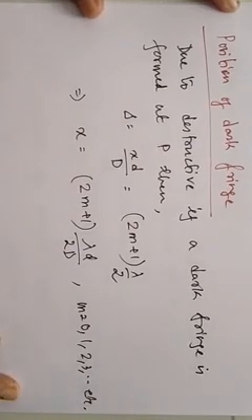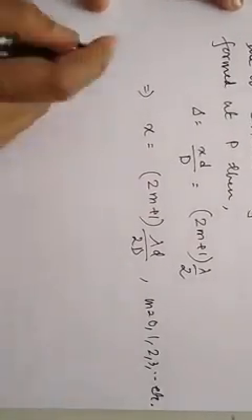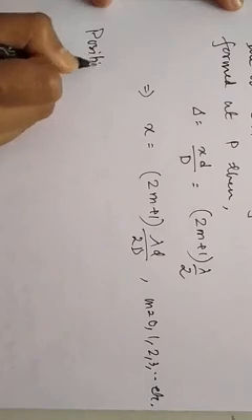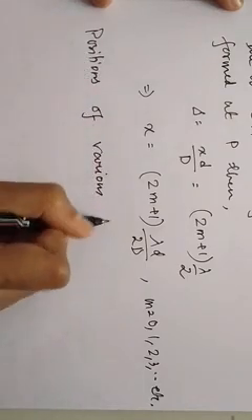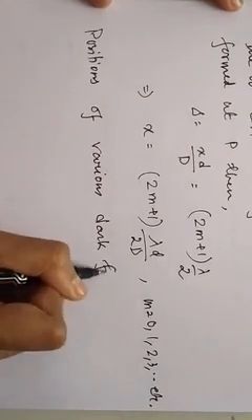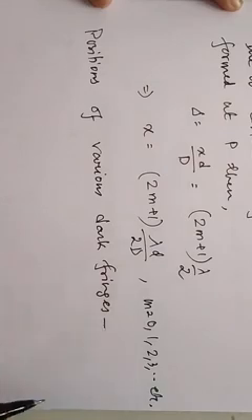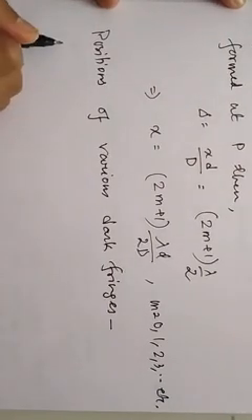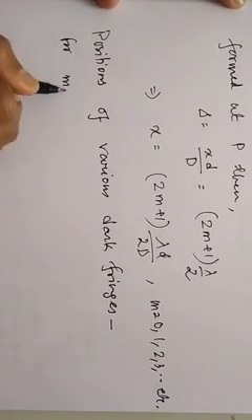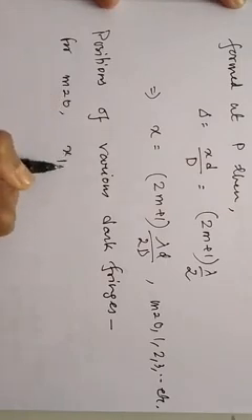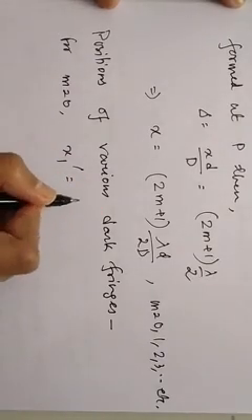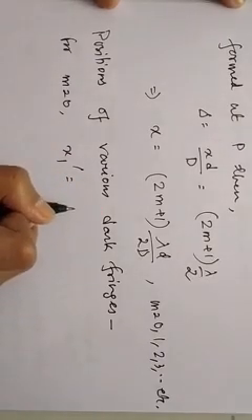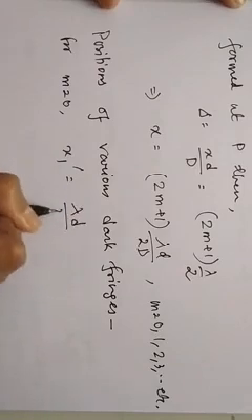So what will be the positions of the various dark fringes? So positions of various dark fringes are, so for m equals 0, we get the first dark fringe, suppose at position x1 prime, which is lambda D by 2d.